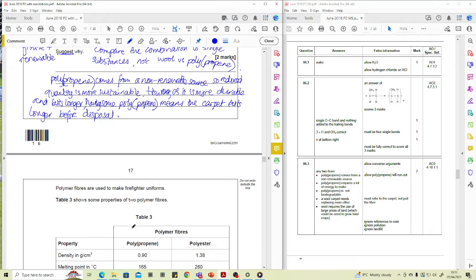Okay, so that's plenty there. You can see that there's lots of things to say in the mark scheme as well.